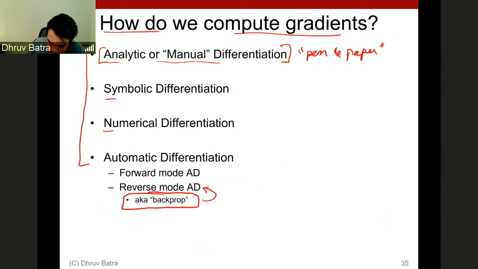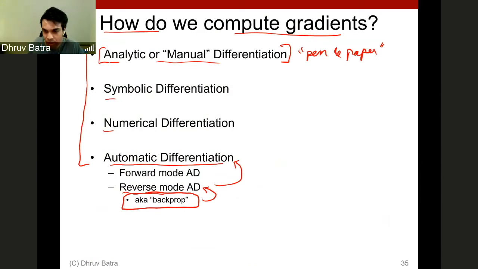Backpropagation is a special case of something called reverse mode automatic differentiation, which is a special case of something called automatic differentiation, which is an algorithm for computing gradients. And that's good to know: backpropagation is not an optimization algorithm. Backpropagation is an algorithm for computing gradients of loss functions with respect to parameters, but other variables as well.